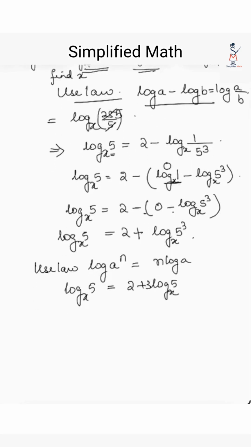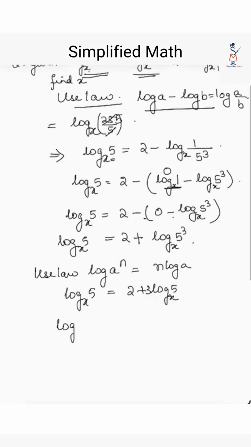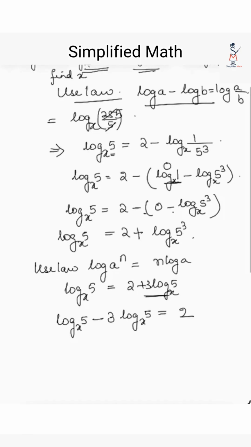Getting it? We'll get all the logs on one side of the equation. So this will become log 5 to the base x plus 3 log will come here and it becomes minus 3 log 5 to the base x is equal to 2. This will become minus 2 log 5, because 1 log 5 from 3 log 5 goes, then 2 and a minus sign because 3 is big.